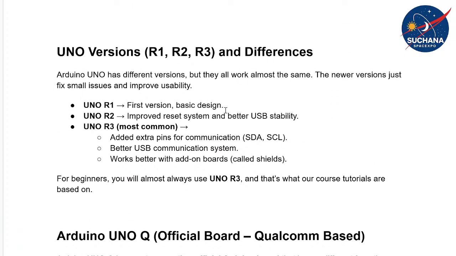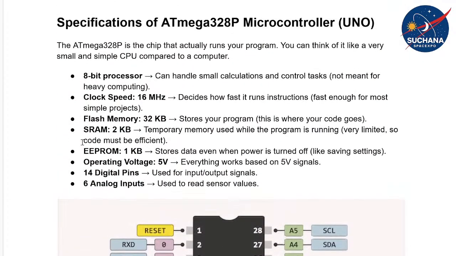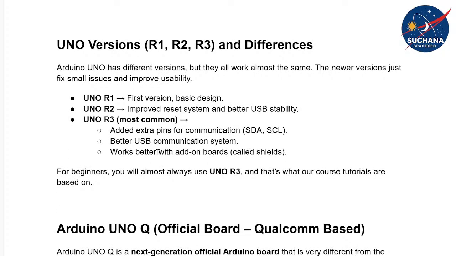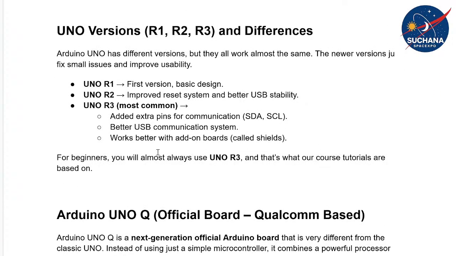That's a very first version, basic design, and then they have enhanced it. They improvised the USB stability and improvised the reset functionality. So they improvised the reset system and came up with a new module called UNO R2. And finally, we are having Arduino UNO R3 with extra pins for communication.